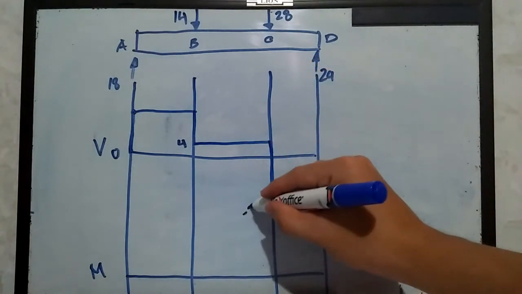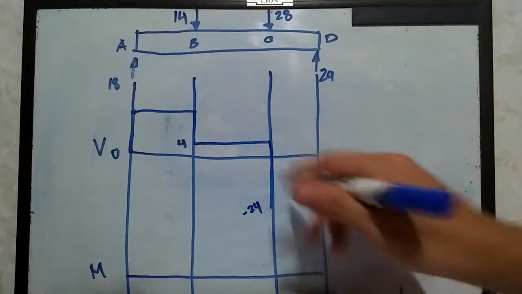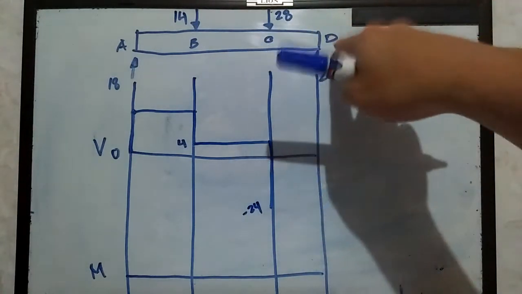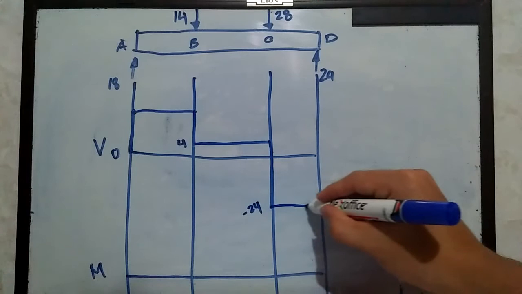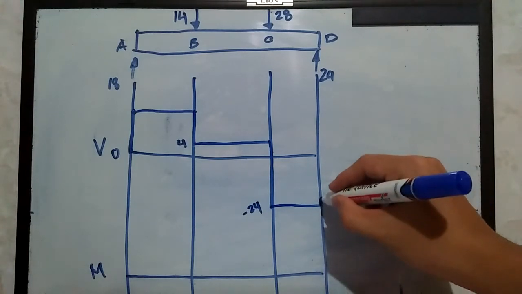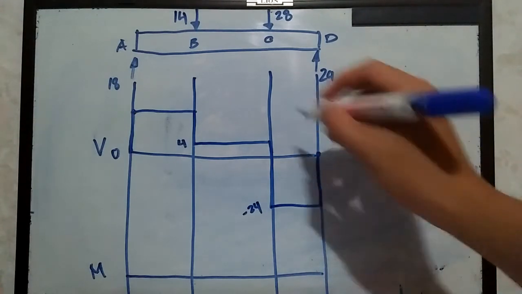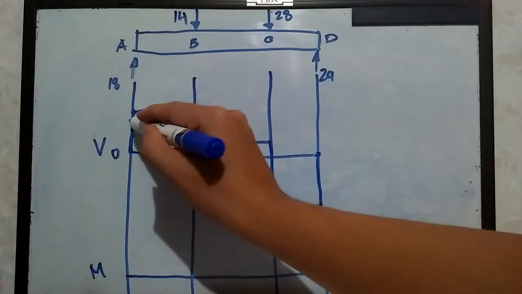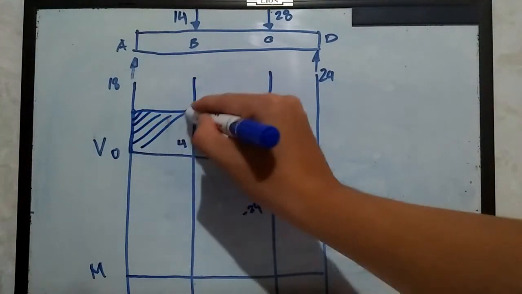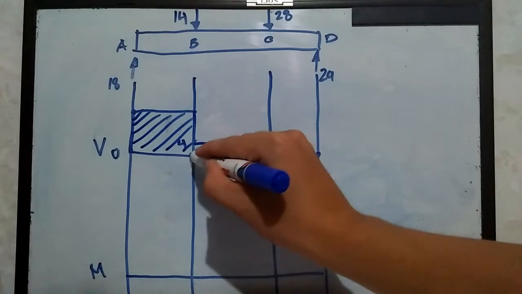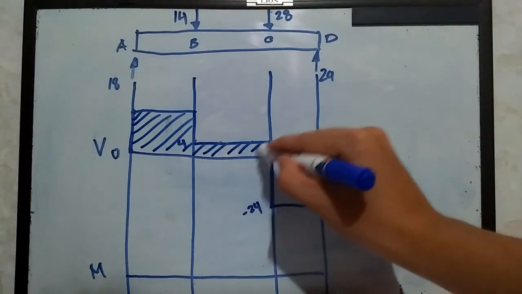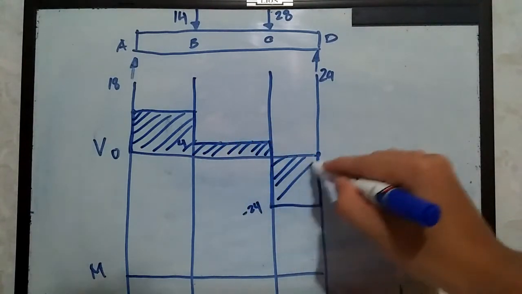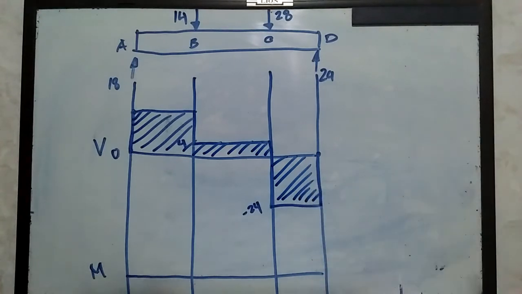It's like this, negative 24. Then from C all the way to D, connect it, and we'll go back to 0. So this is the shear diagram, this shaded area. I'm just going to shade that one. So this is the shear diagram.